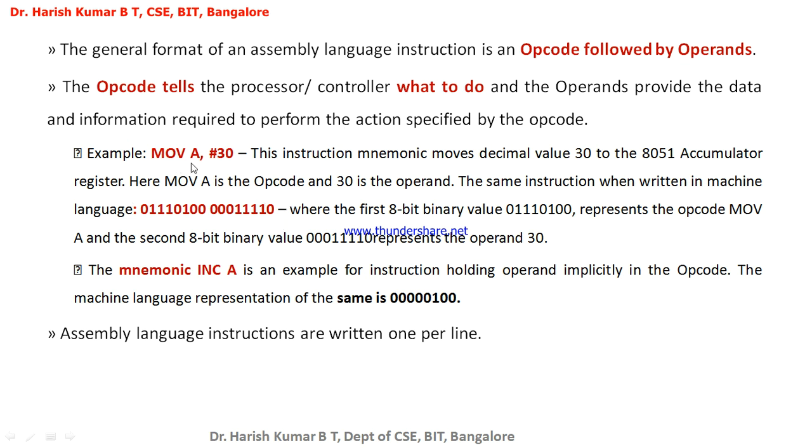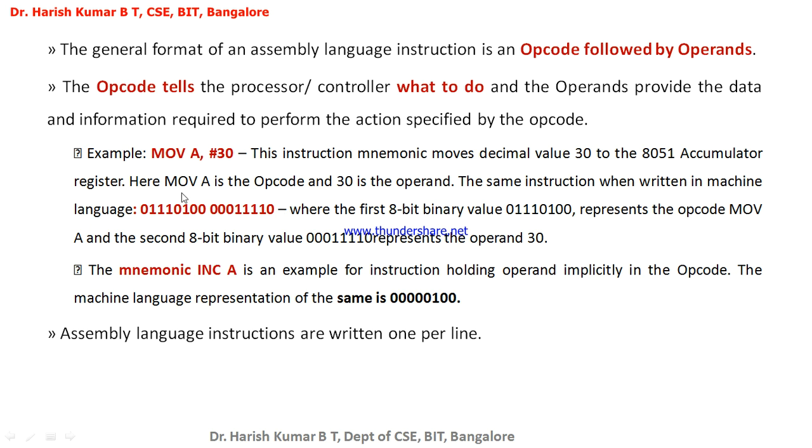The example here is MOV A, #30, immediate number 30. This mnemonic MOV A moves the decimal value 30 to the accumulator register. A is the accumulator register, so we are moving the immediate number 30 into it. The same instruction in machine language looks like this.